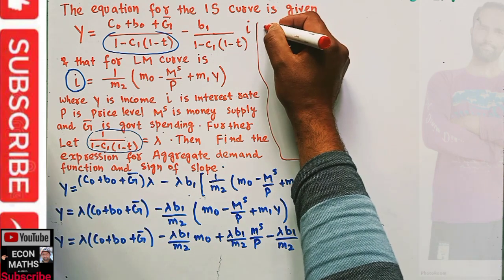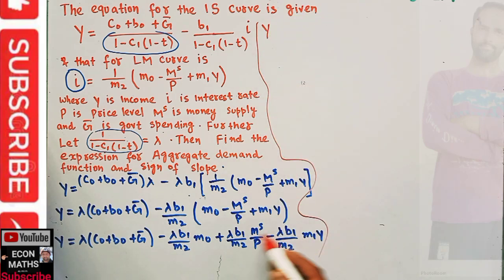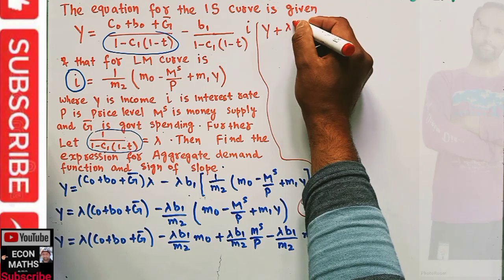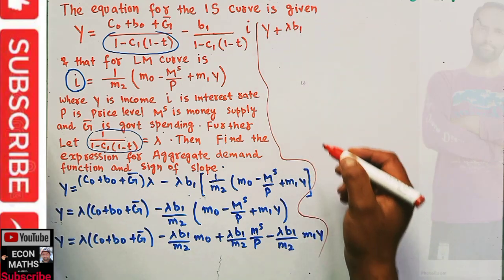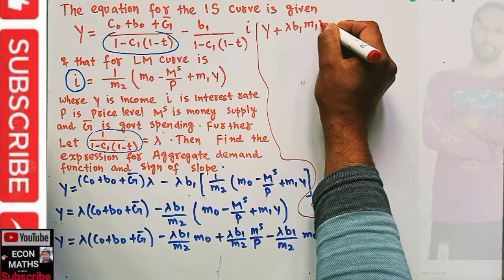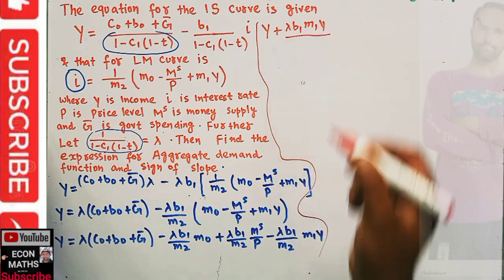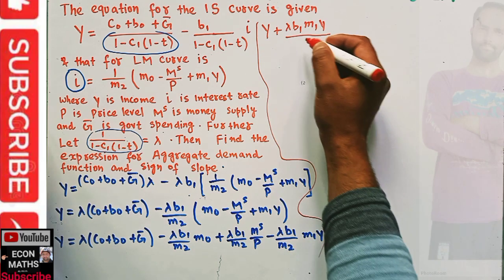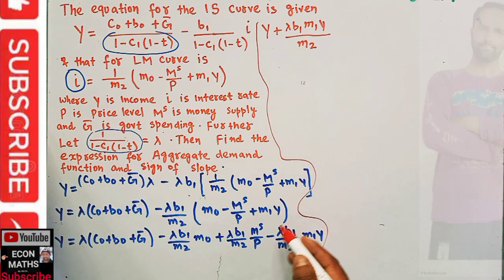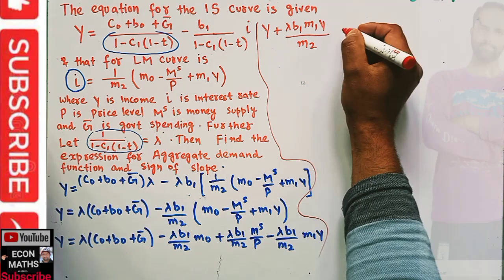So we have Y, transposing this term, it becomes plus lambda B1 M1 Y upon M2. I have transposed this term to the LHS.